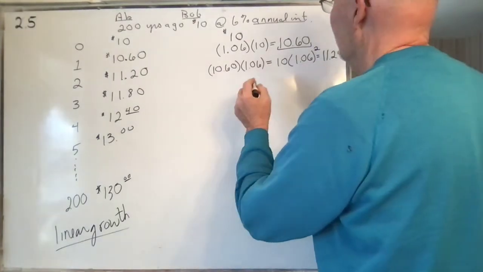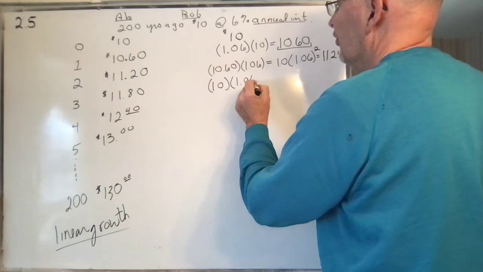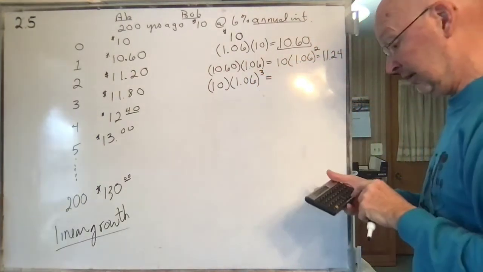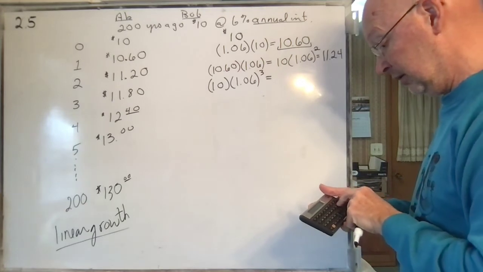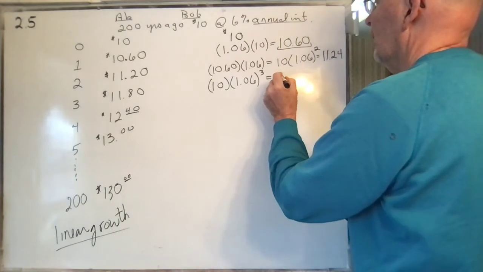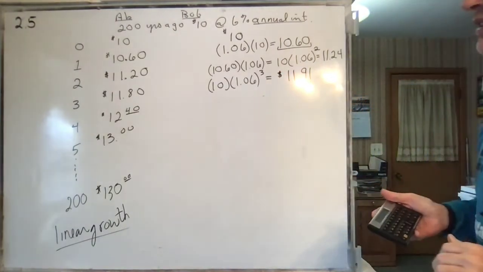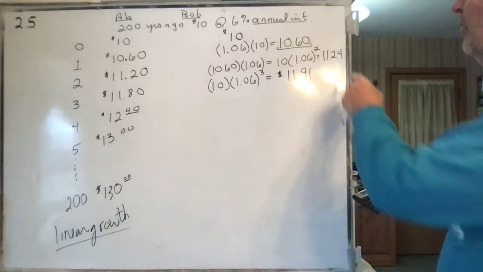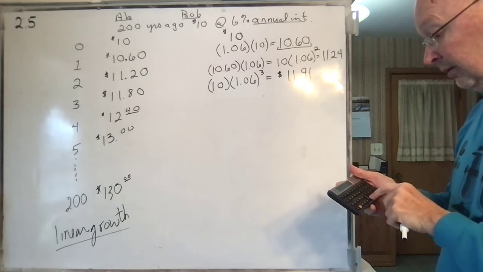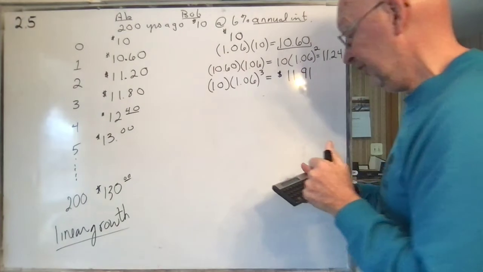At the end of the third year, notice we're going to get 10 times 1.06, and we're going to multiply it by a third time. And we're going to get $11.91. So now we've got 11 cents more. Okay? Notice the amount is increasing. At the end of the fourth year, $12.62.